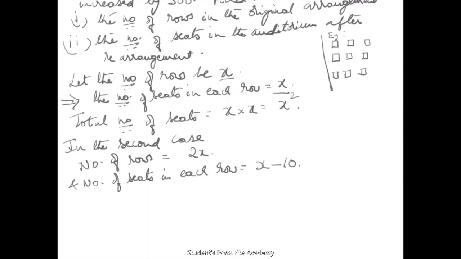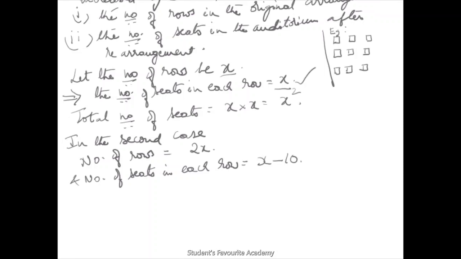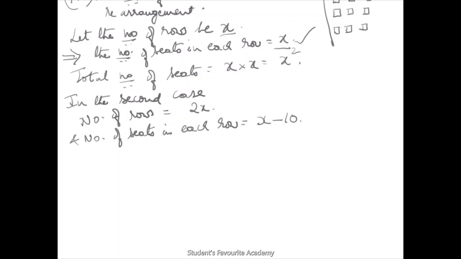Earlier number of seats in each row was x. Now 10 seats are reduced in each row. So in that case, total number of seats will be 2x into x minus 10. Okay. Now this is the number of seats in the second case.